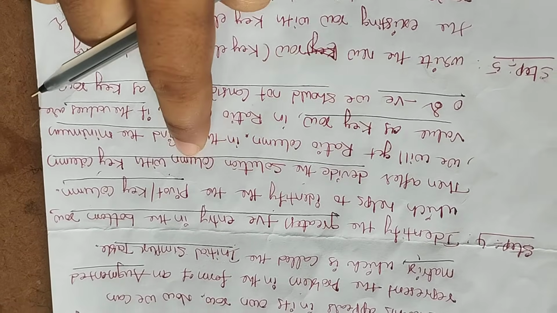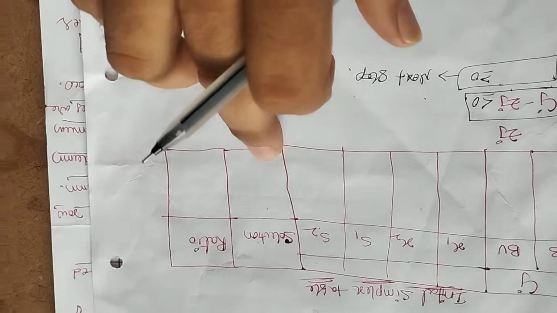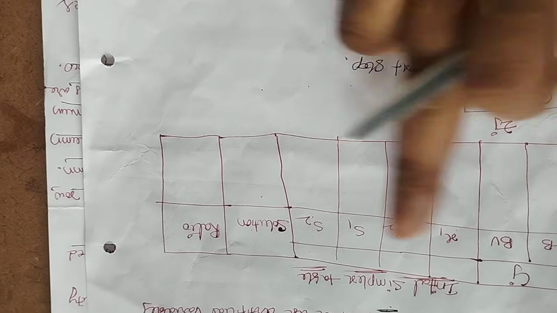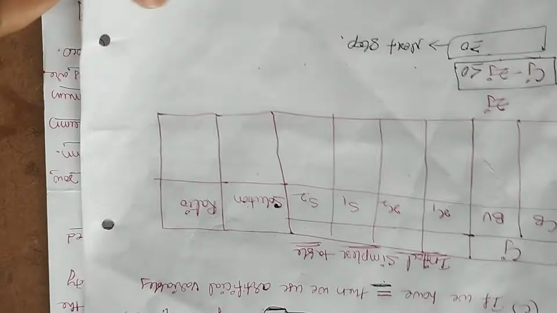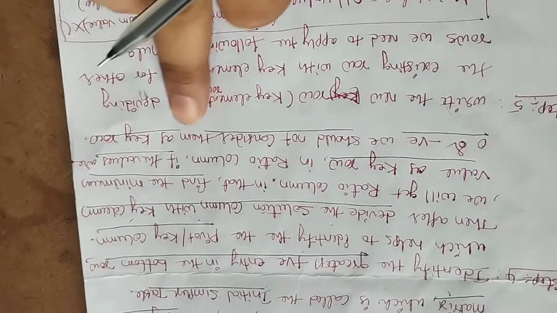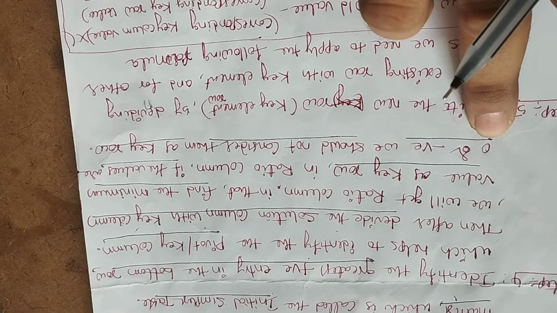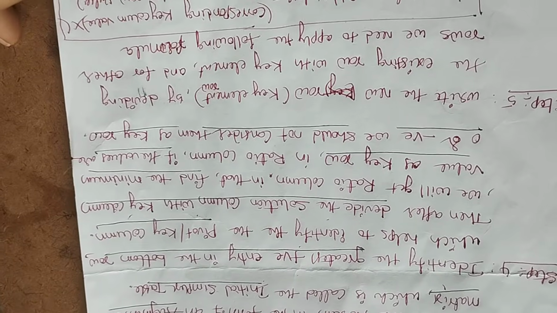Divide the solution column values by the key column values. Then you will get the ratio value. In the ratio column, if the values are 0 or negative, we should not consider them as a key row.